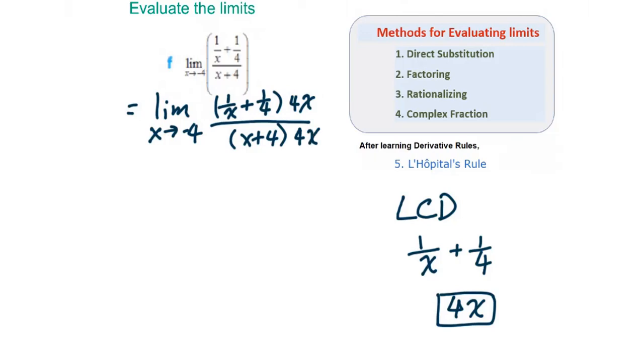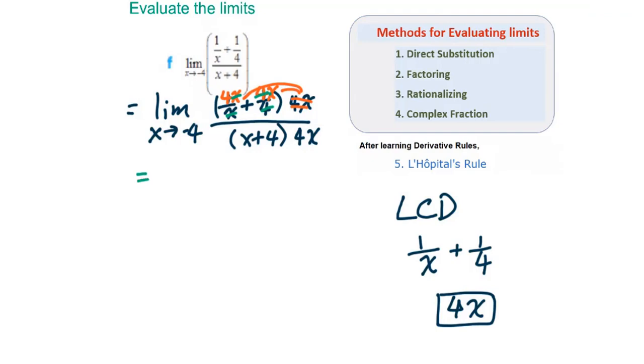So for the top, when you multiply by 4x, I will put the 4x as a numerator, because you have to do the distributive property. And then you reduce.